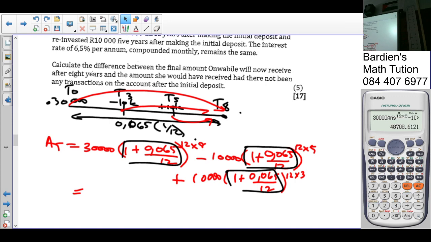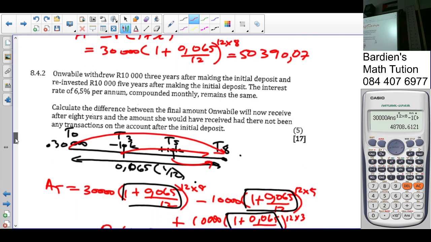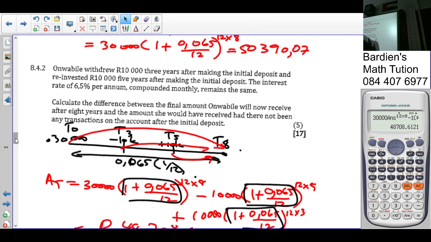That gives me an answer of 48,708 Rand and 61 cents. Definitely less than the previous one. Can you see that? But what is the difference? What is the amount that she lost out by?